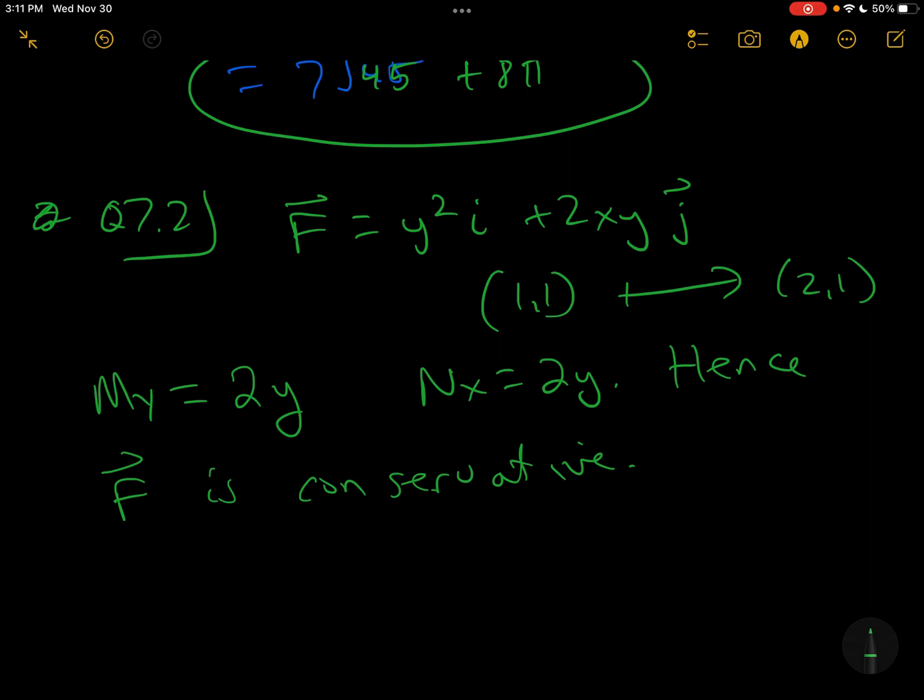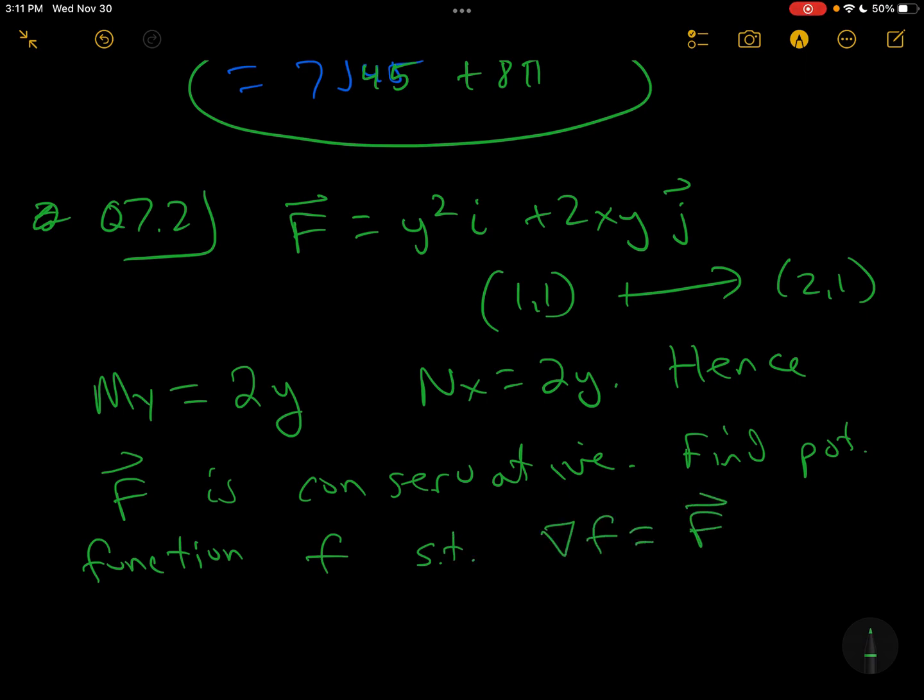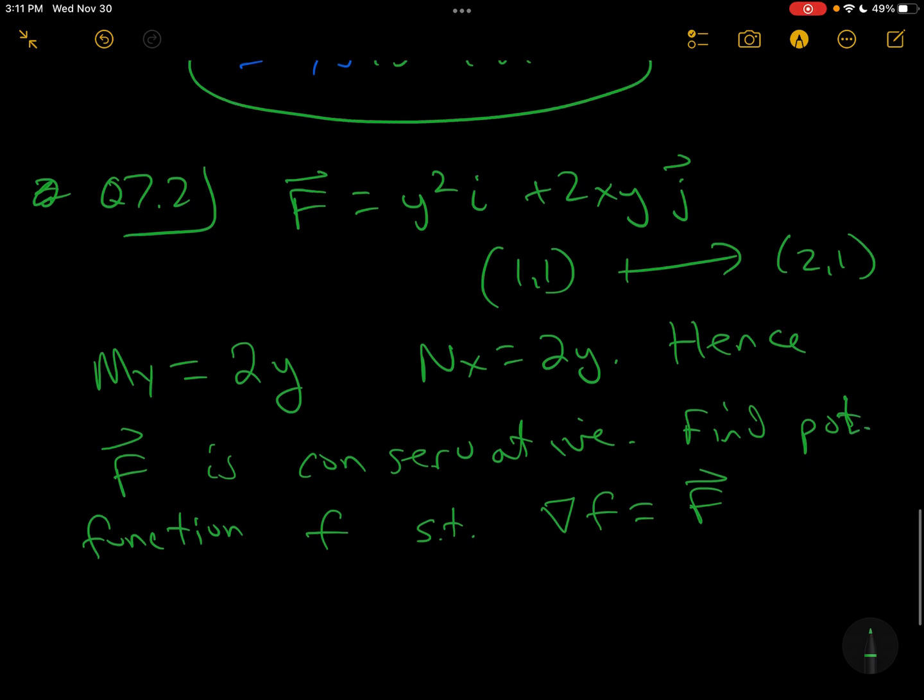And so we need to find the potential function f such that del f equals this guy, right? Okay, and then we can use the fundamental theorem of line integrals.